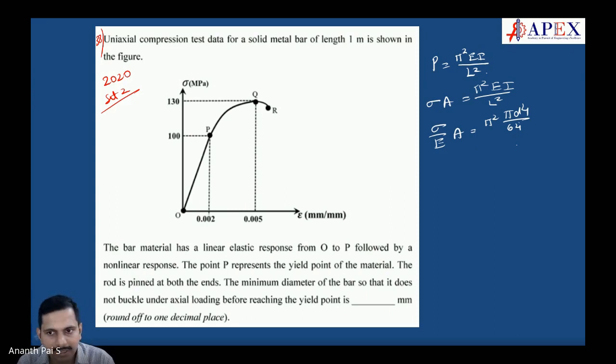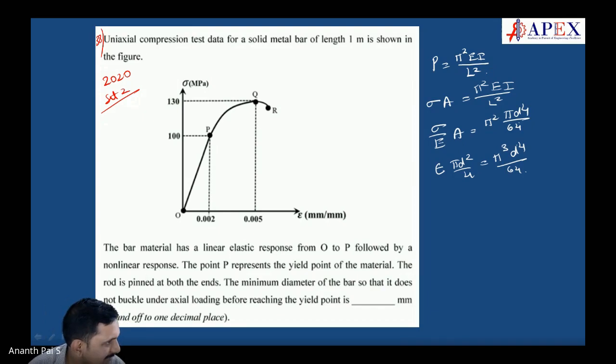So 1 cancels. So this is epsilon. Epsilon is given there. This is epsilon into A, which is epsilon into pi d square by 4, is equal to pi cube into d power 4 by 64. Correct?